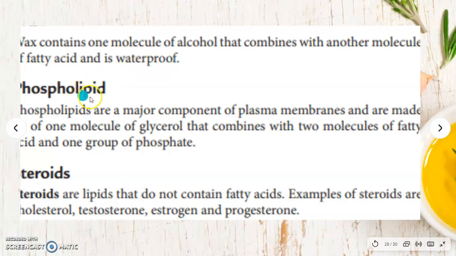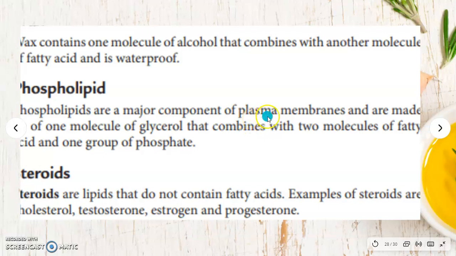Then we go to phospholipid. If you cannot see clearly here, you can go to the textbook on page 78. Phospholipids are a major component of plasma membranes. Do you still remember the phospholipid?